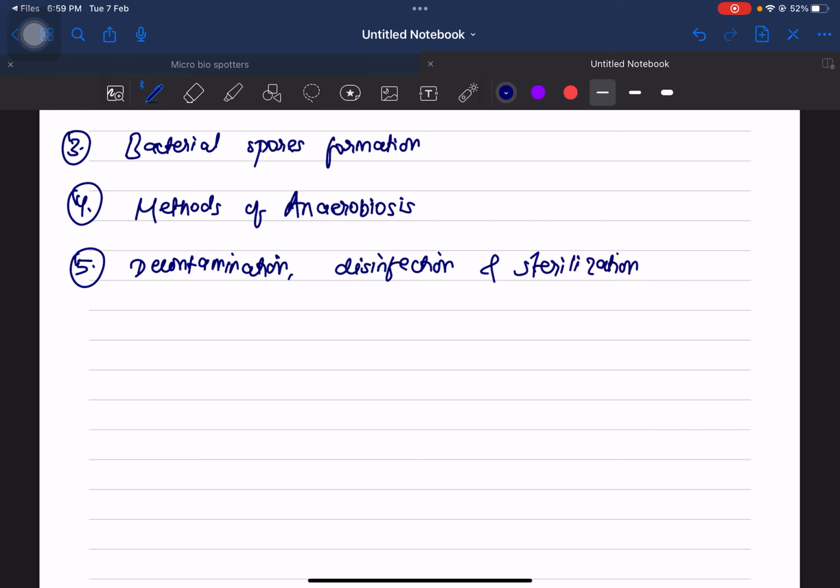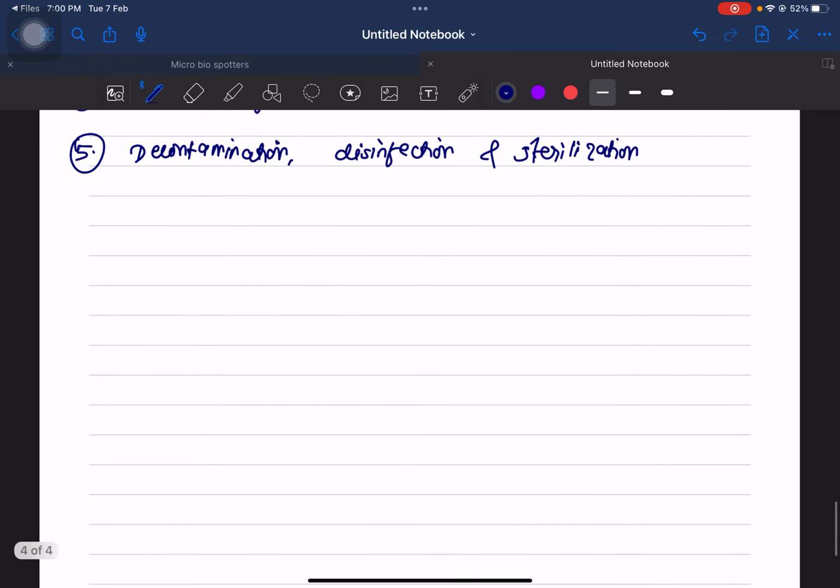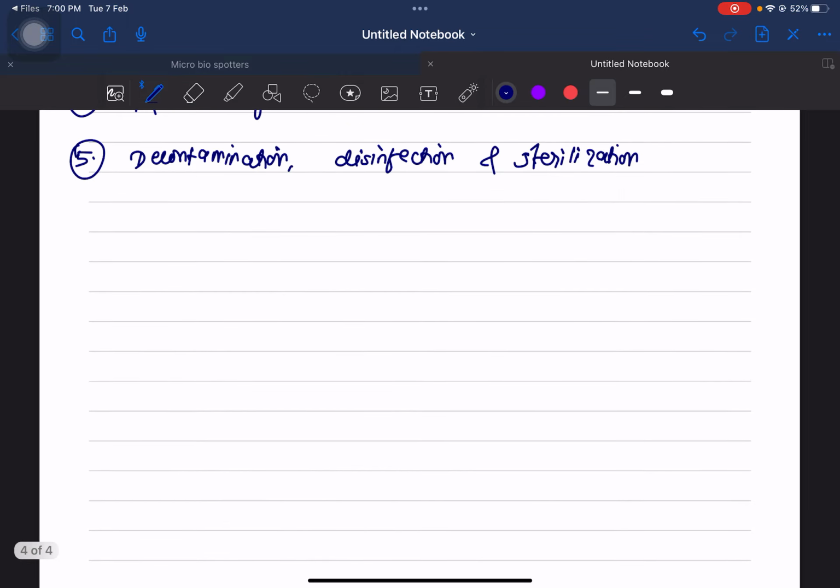Autoclaving and hot air oven are quite important. Similarly, the teacher might ask about the different methods of sterilization. It is written in your manual as well as present in the book.